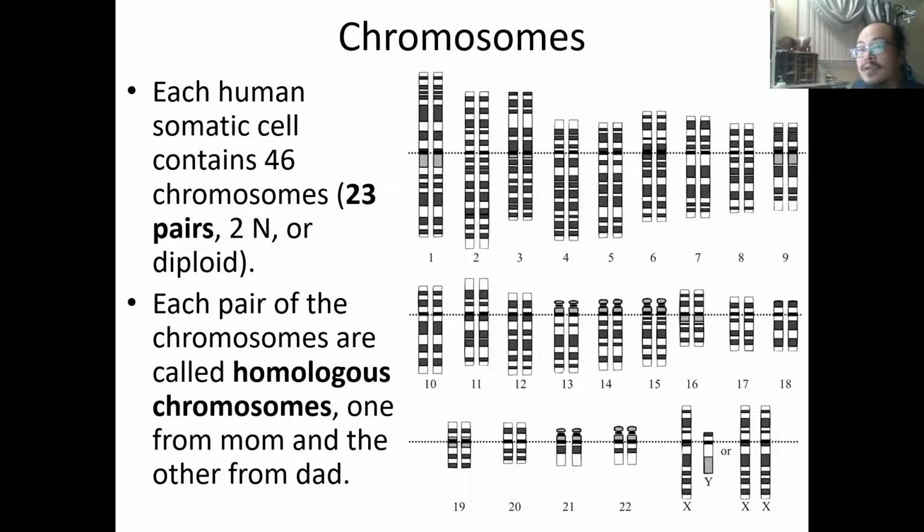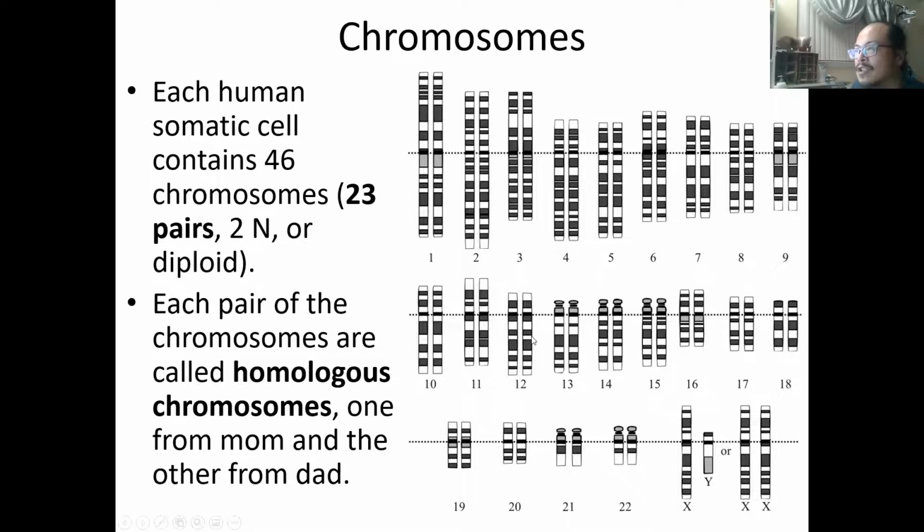For the production of these sex cells, mitosis is not the one that we will do. We will still divide, but we need to divide further. We would replicate it, but we will divide it two times in order to make the chromosome number only half of that of the stem cells.